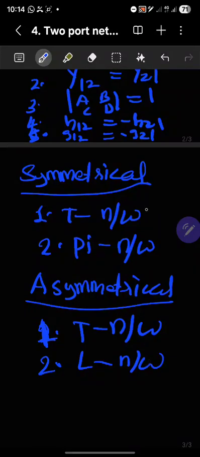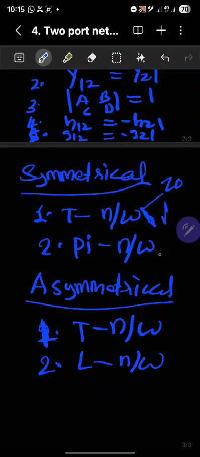In the T network, for symmetrical networks we will discuss the properties we know, characteristic impedance and propagation constant.